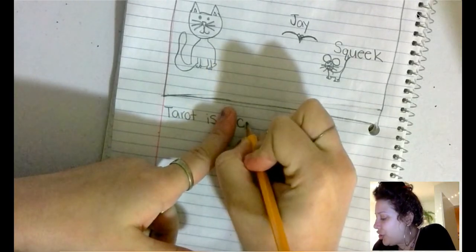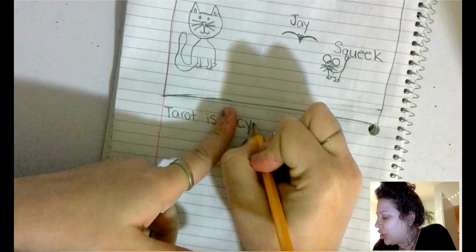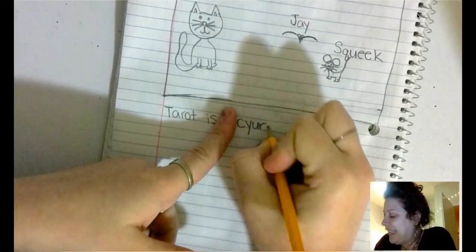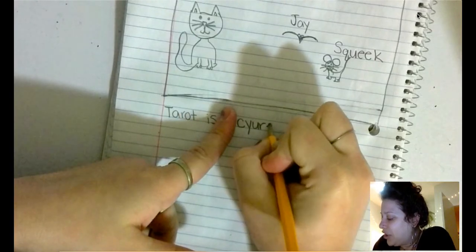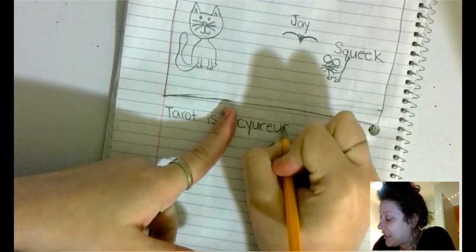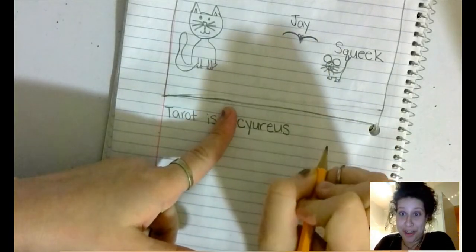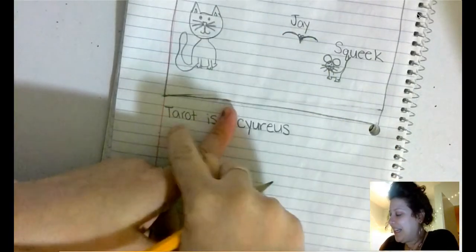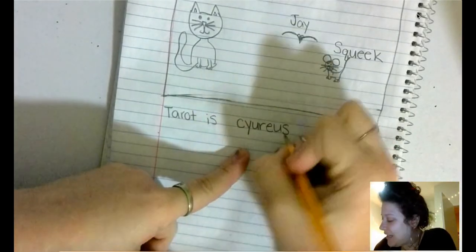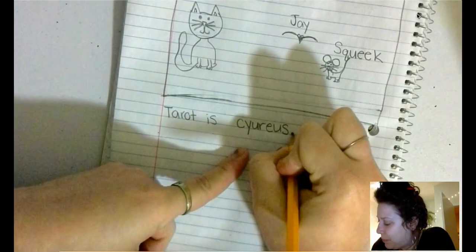Cure, R controlled vowel. Cure, curious. You can hear Taro being curious now. Taro is curious. At the end of my sentence, I need to make sure I put a period.